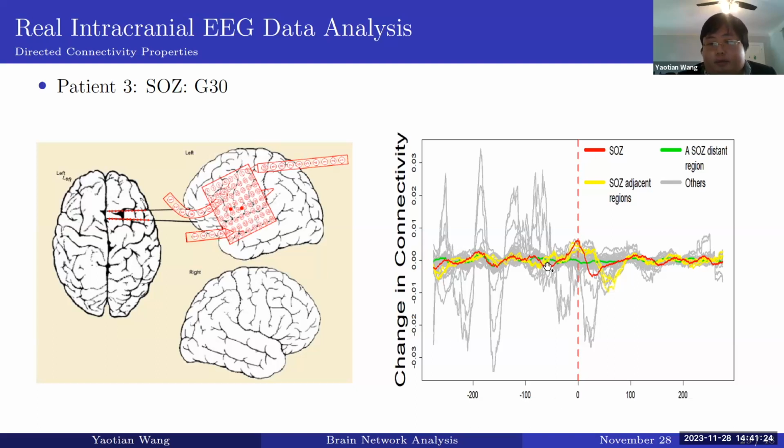Second, before seizure onset, the seizure onset zone's directed connectivity properties are already distinguishable from other brain regions. So combining these two properties together, we developed our own new seizure onset zone localization method.